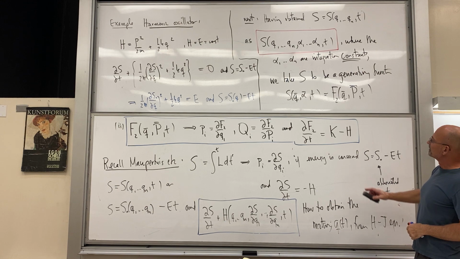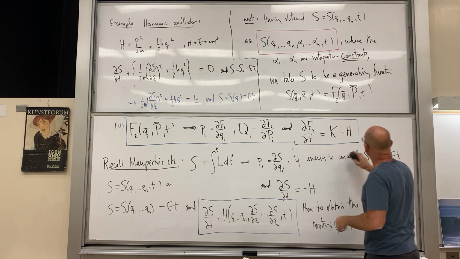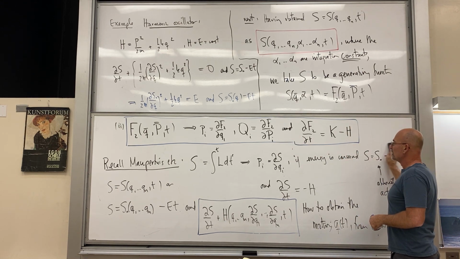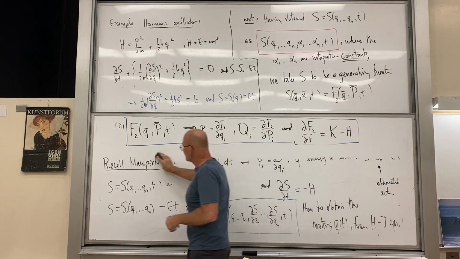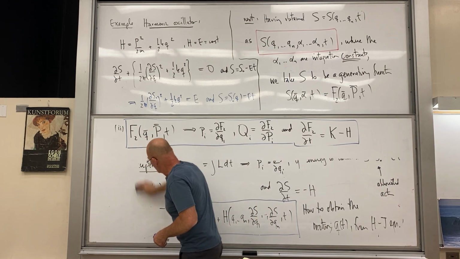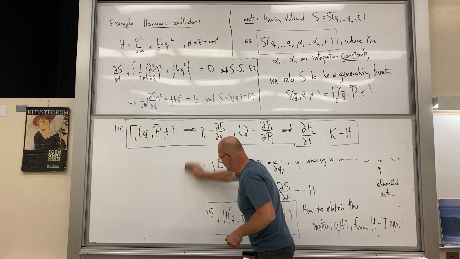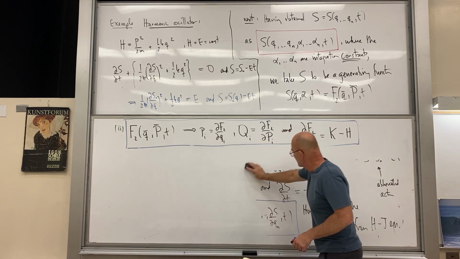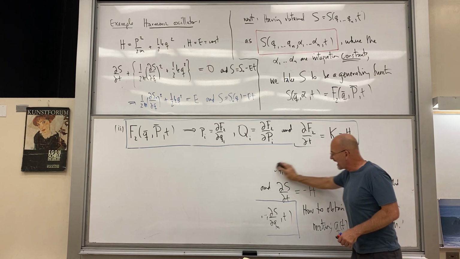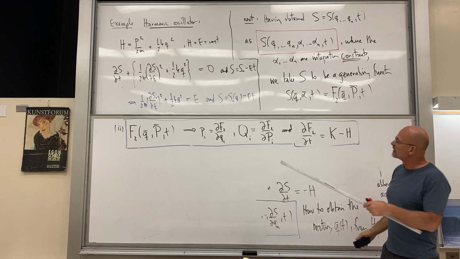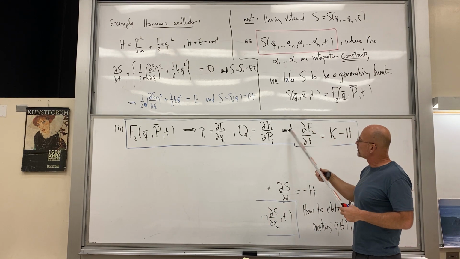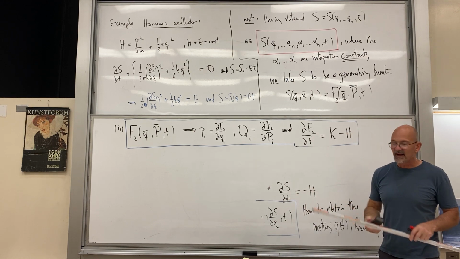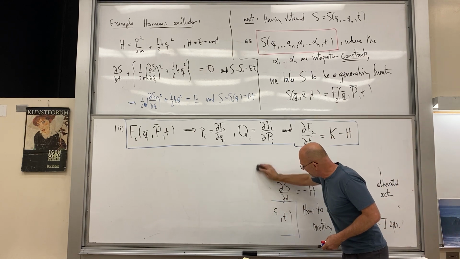Now I'm going to leave these up here and erase everything else. So what we have is the Hamilton-Jacobi equation is a differential equation that gets us a generating function of a canonical transformation.